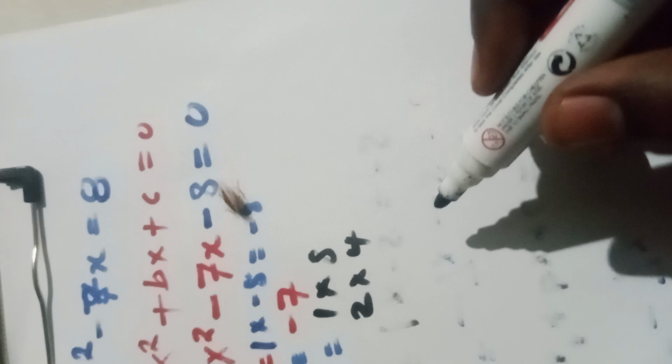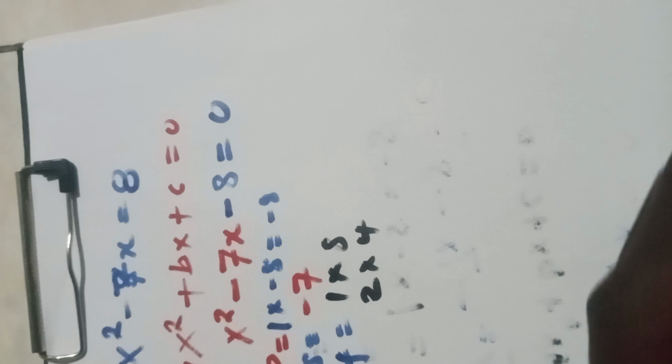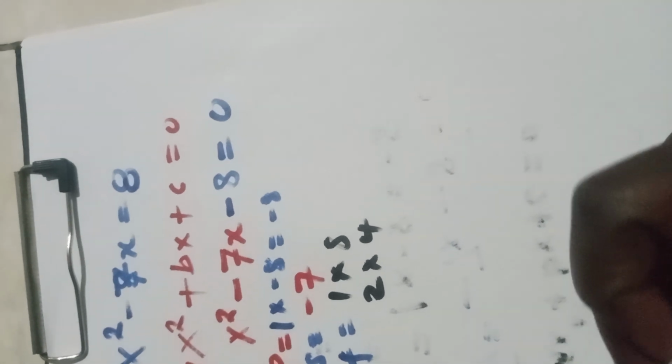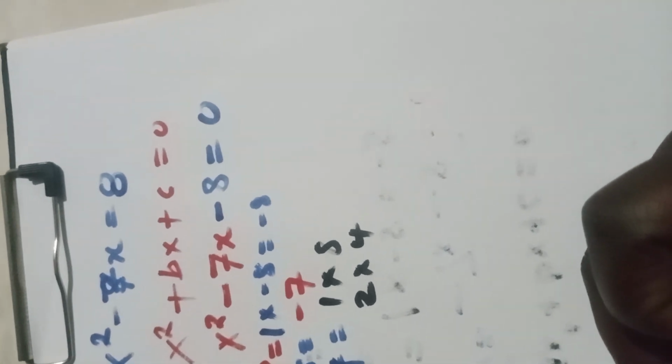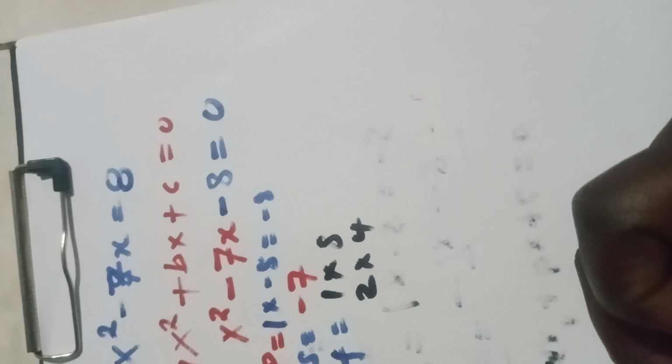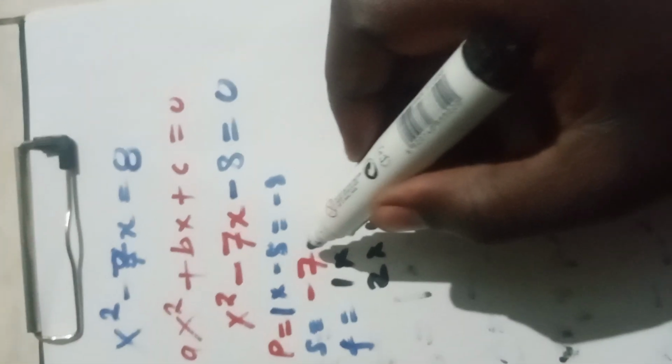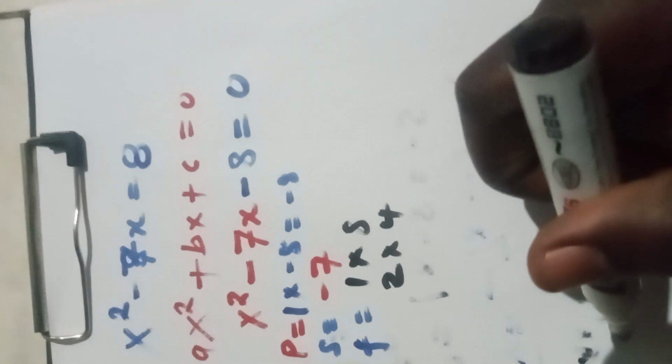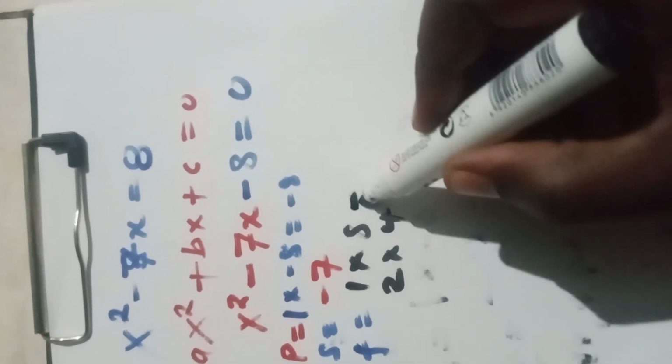Okay, so the condition that has to be met is that the two factors, when you add them, you have to be able to get the sum. All right. Then when you multiply them, you're supposed to get the negative 8. So we're starting with the first set.